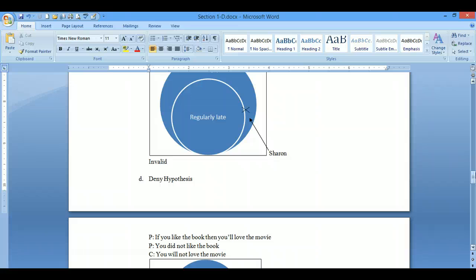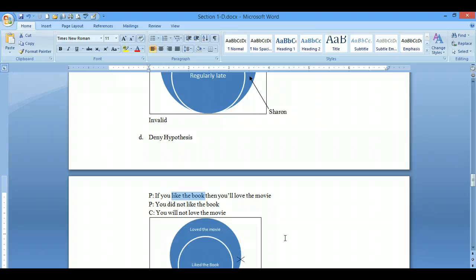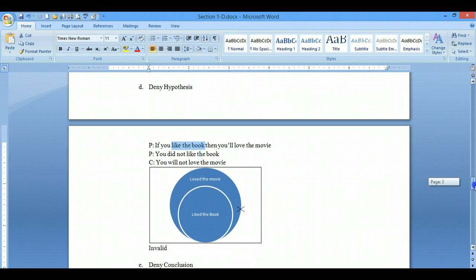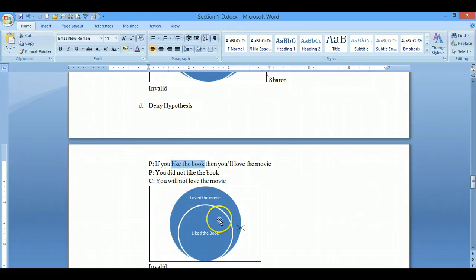So that means all of the book lovers will love the movie. But it doesn't necessarily mean that all the people who love the movie liked the book. So the movie is the larger of the two sets, and liking the book is in the middle. So people who loved the movie are outside, but if you loved the book, it's on the inside, because all the book lovers loved the movie.